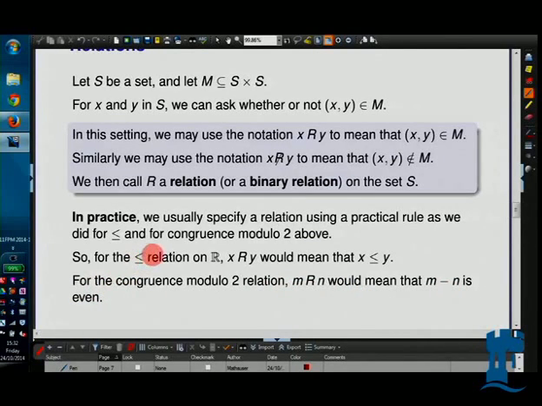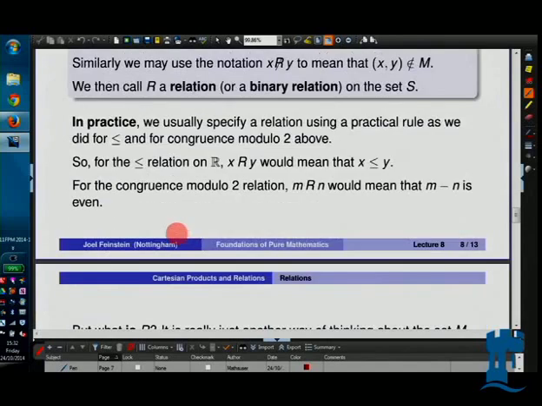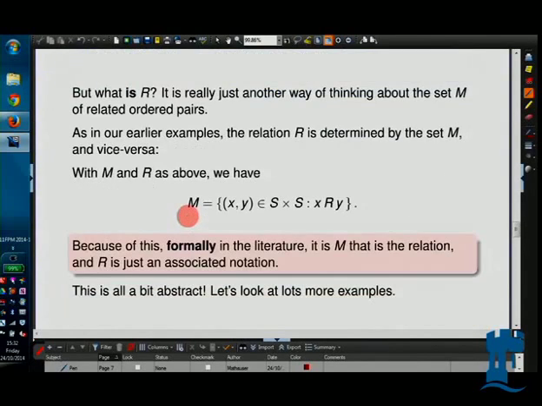So I'll always give you a practical rule, but in the pure mathematician's definition, if someone says, what is a relation, it might not be satisfactory to say a relation is something like less than or equal to, some sort of rule. You might not be happy with that as a pure mathematician.